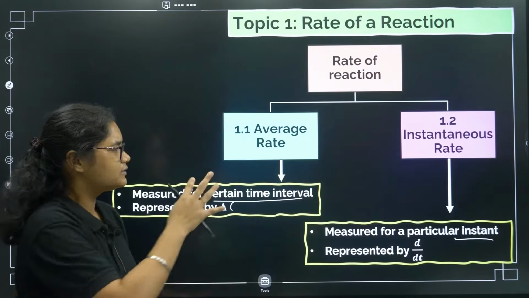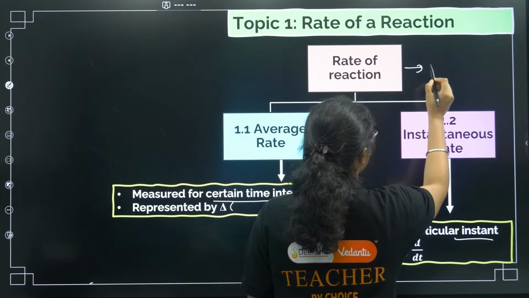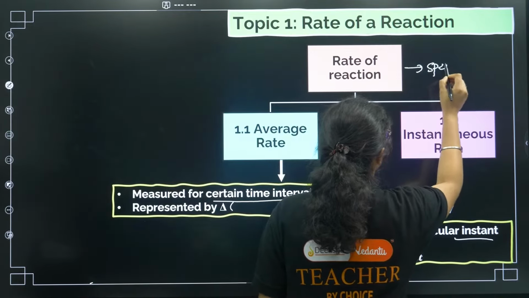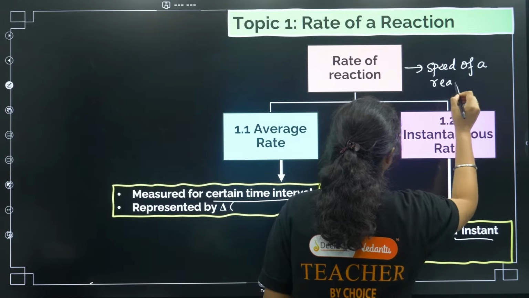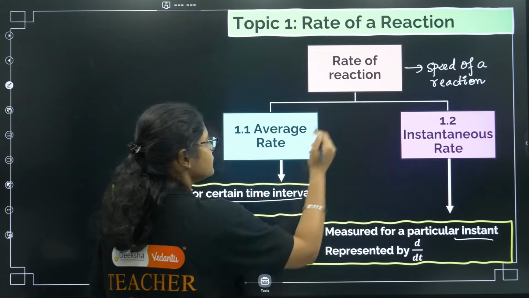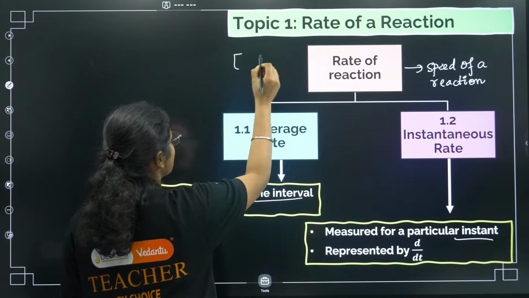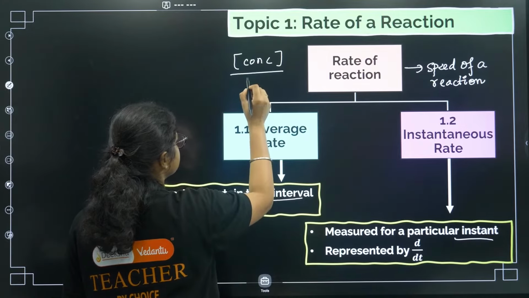Now before going to all these things, I also need to tell you what is rate of a reaction. Rate of a reaction is nothing but the speed of a reaction, how fast is the reaction. Now how do we calculate this? This is nothing but change in concentration by change in time.